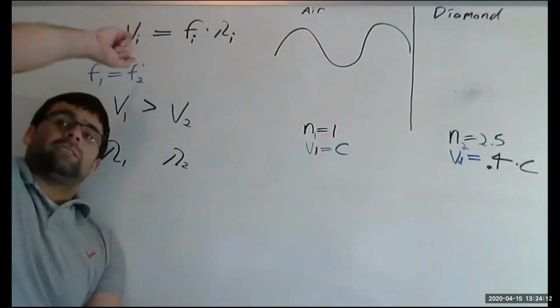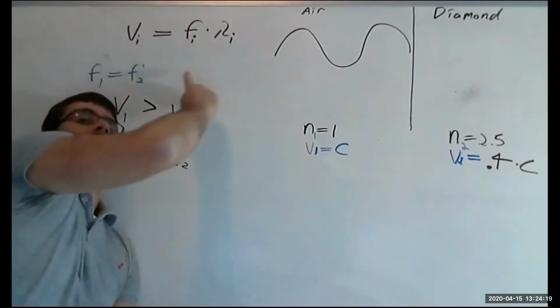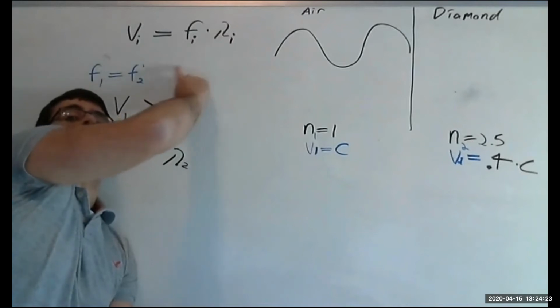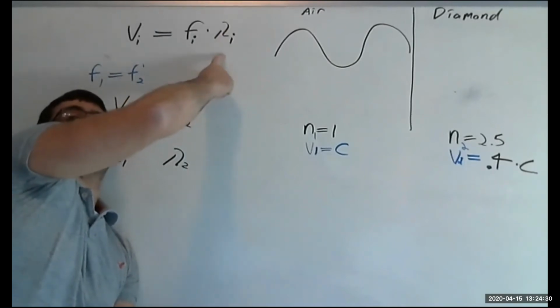If I make v smaller, what has to happen to this side? It has to go smaller. But if the frequency is the same, then what happens to the wavelength?